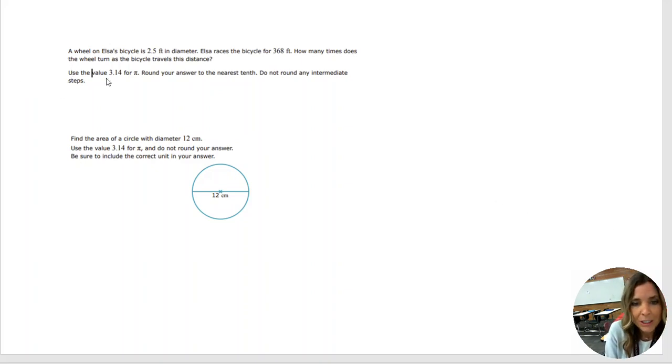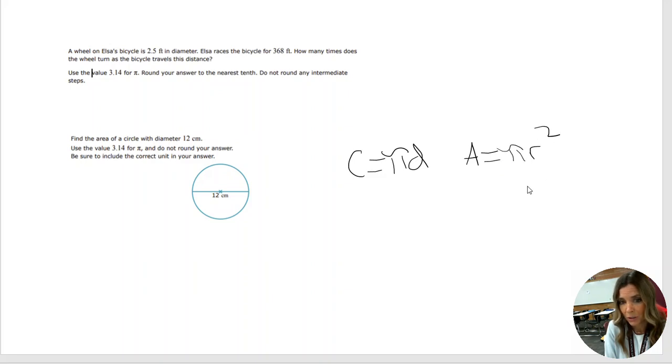If the wheel rotates one time, the circumference is how far that wheel travels in one rotation. Okay, next question. Find the area of a circle with a diameter of 12. Now, when we're finding area, remember our little saying, cherry pie's delicious and apple pies are too. So if we want to find area, we need the radius.